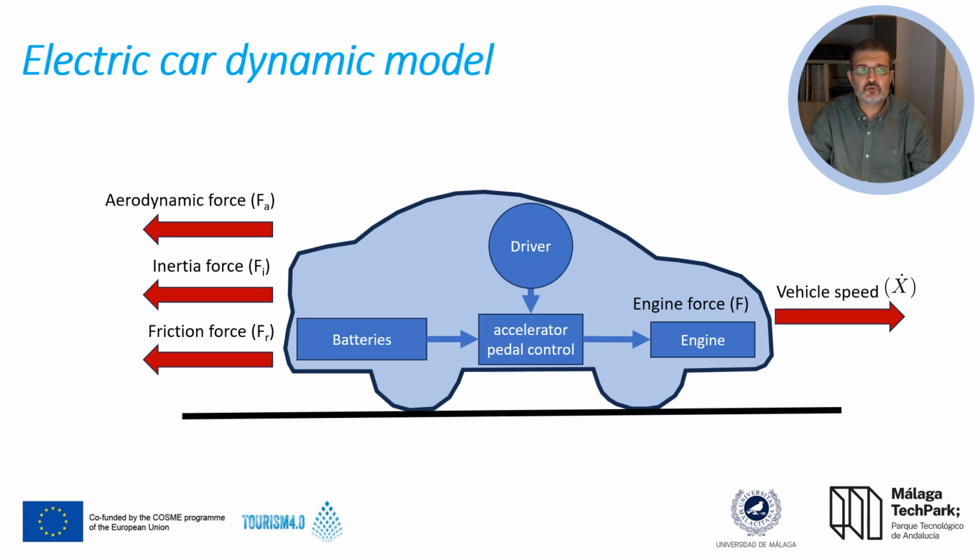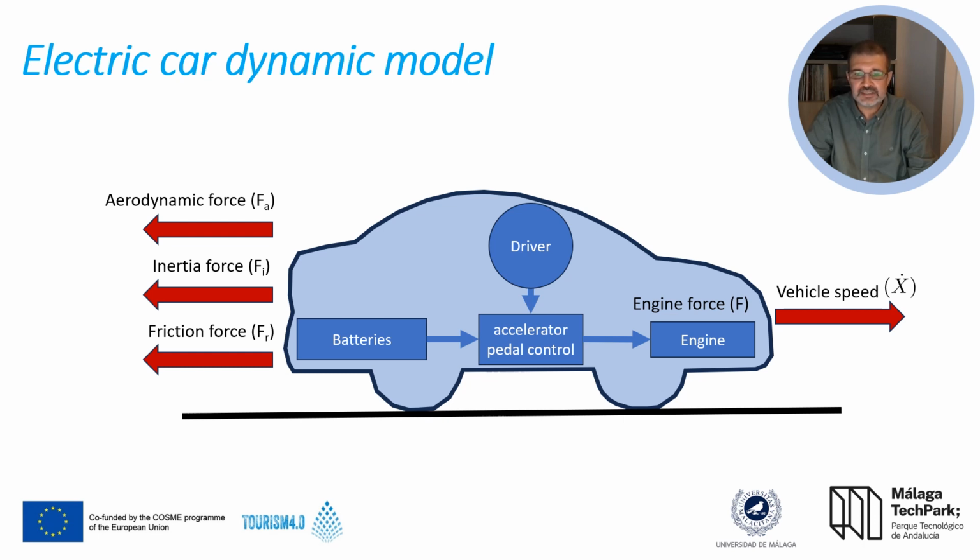In order to show to you the electric car dynamic model, I consider this simple example, where the car is composed of the batteries, the accelerator pedal control, and the engine. In this way, the driver, by using the accelerator pedal, provides to the engine more energy that produces an advanced force F. Against this force F are the aerodynamic force, the inertia force, and the friction force.